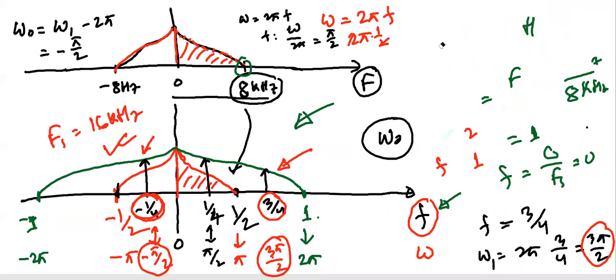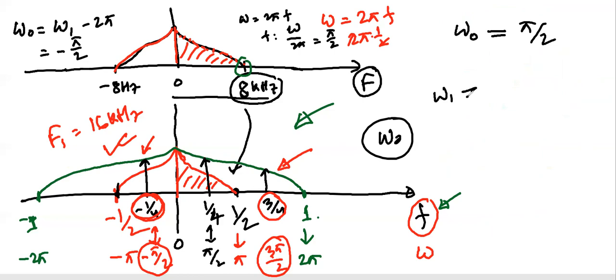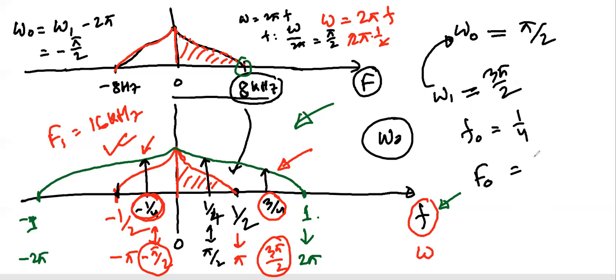We were looking for the value of omega and f in the frequency domain, and we have found that. So I can write it here: omega 0 is equal to π/2. We got that from omega 1, which was given as 3π/2. And we have found f0 is equal to 1/4. Now can you find the actual analog frequency? What I am talking about, what is f0?